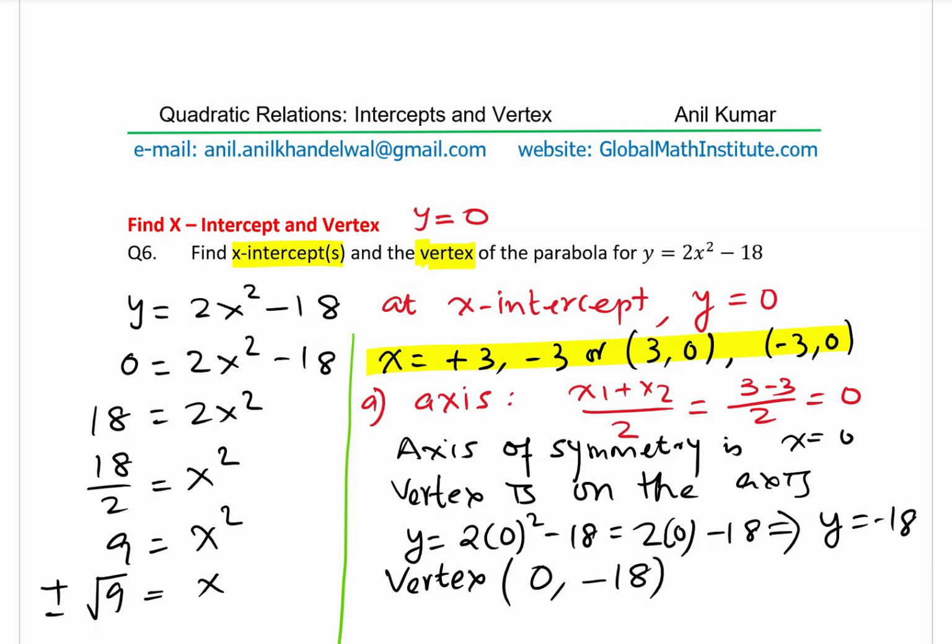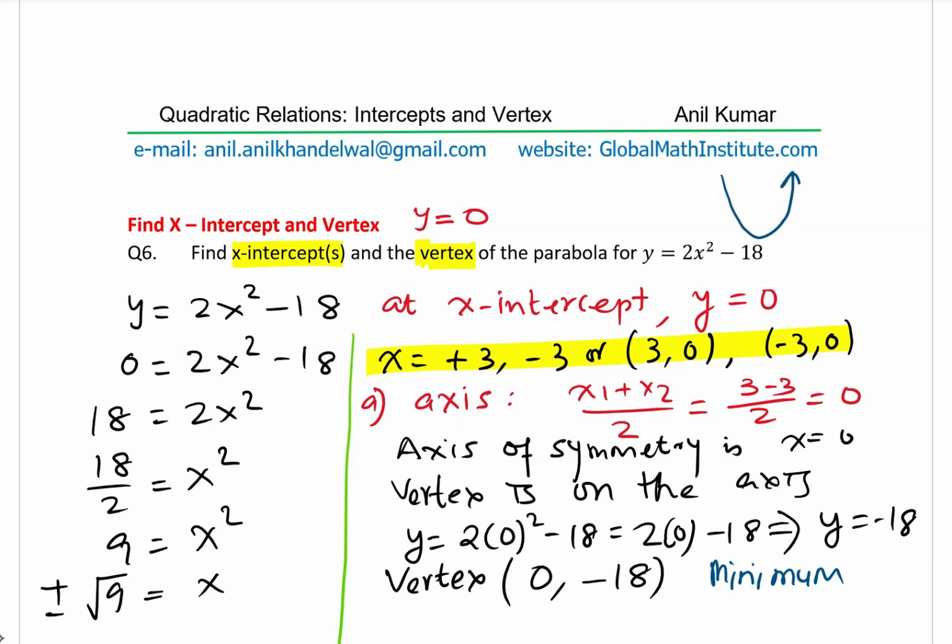Does that make sense to you? Perfect. So that is how we are going to find this answer. Now clearly that gives you the minimum value, since the parabola opens upwards.